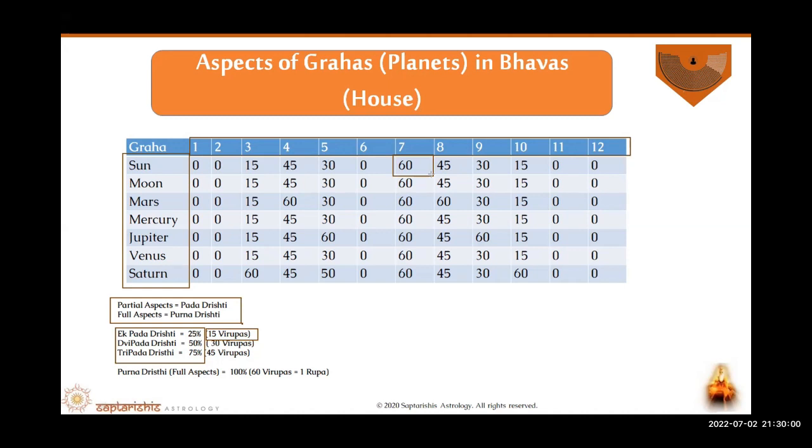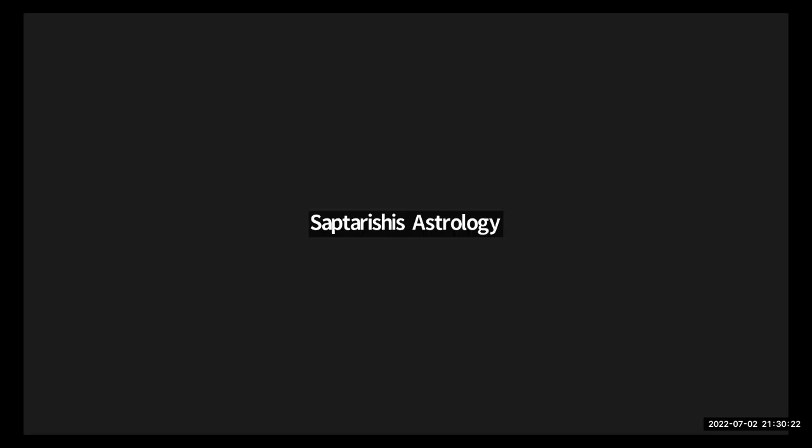Like this, there are many other calculations of Sun we can do, and collectively we will talk in terms of rupas. How many rupa is this planet getting? The more rupas, the more strength that planet has. Simple.